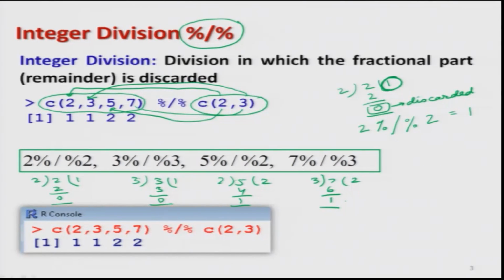So now you can see this is the integer part of the division, which is 1, 1, 2 and 2, and these 4 values are reported over here as 1, 1, 2, 2. The screenshot of this is given over here, which I would request all of you to try with your own hand, right.